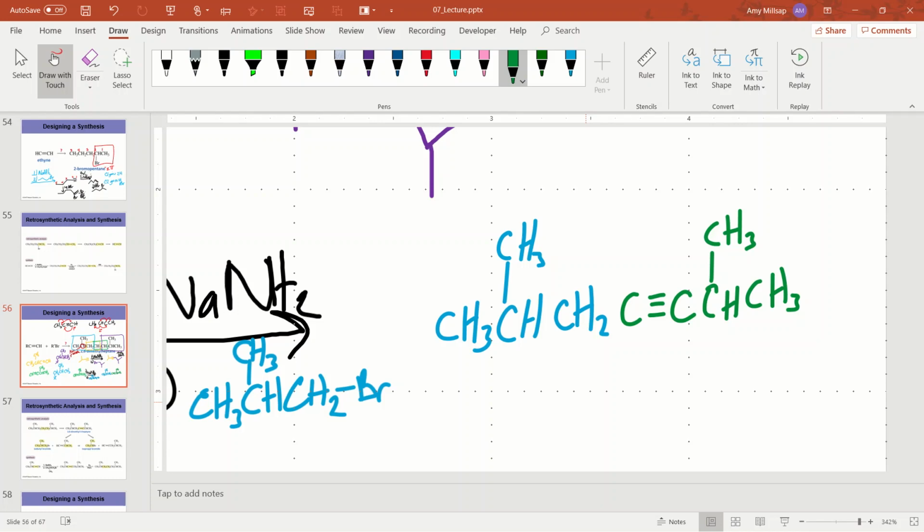Then if I treat this with H2, comma, palladium over carbon, that will give me my desired alkane.